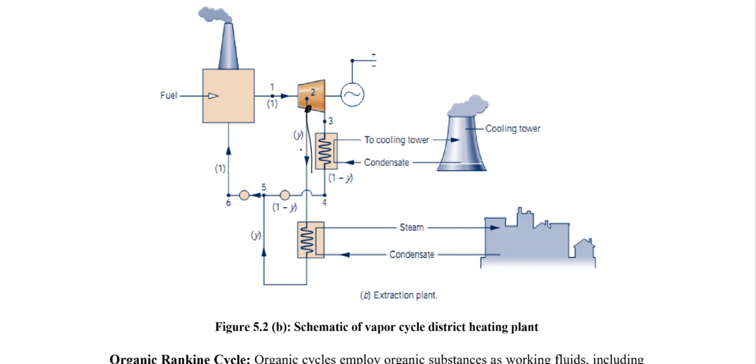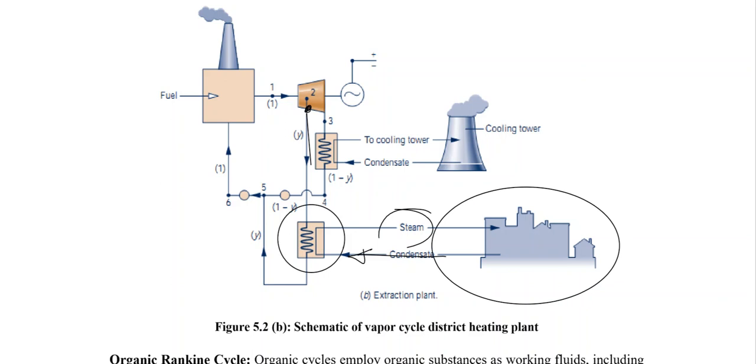This steam was directed to a heat exchanger, and in that heat exchanger we can put water or condensate, and this heated steam can make steam over here, which could be used for various processes in the process industry.